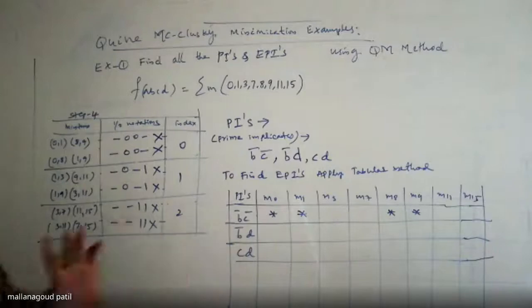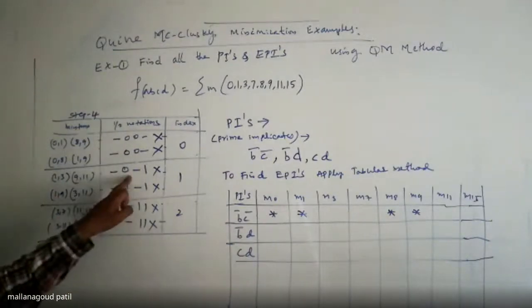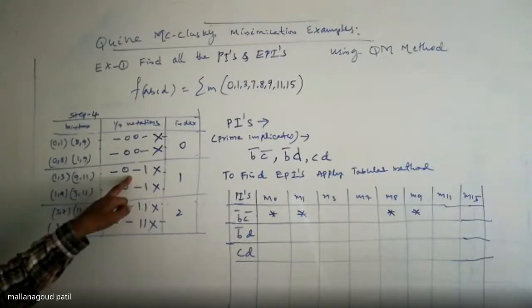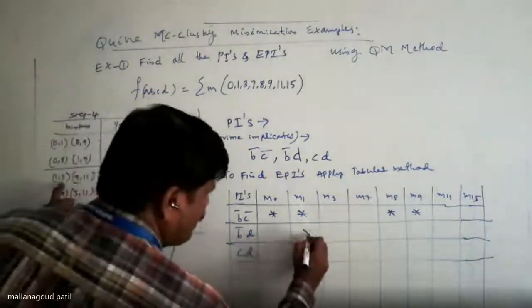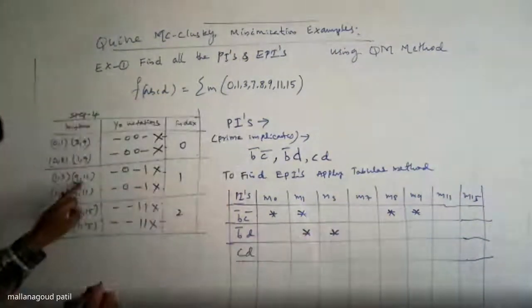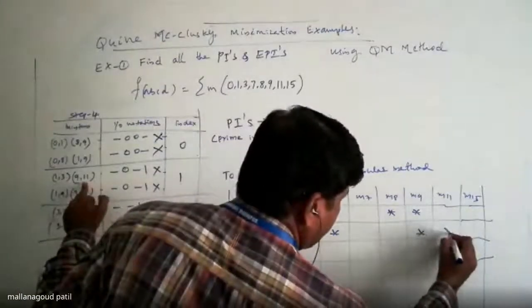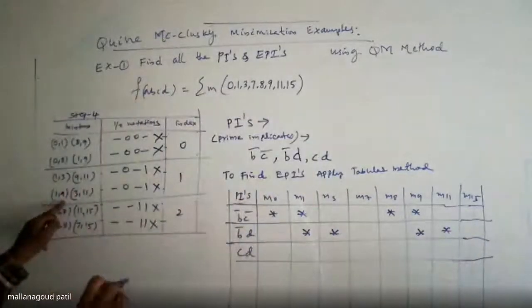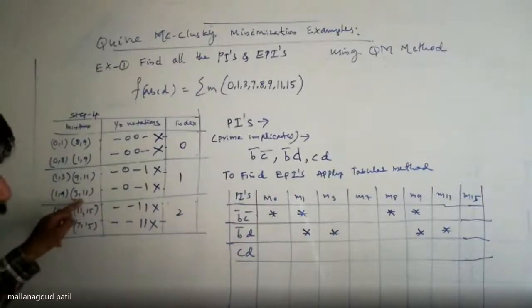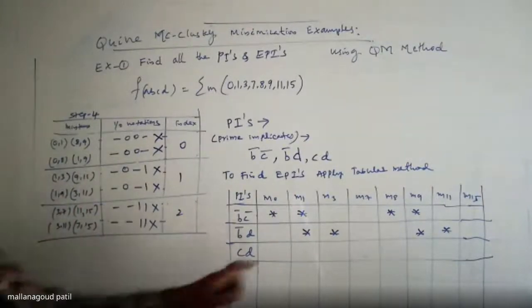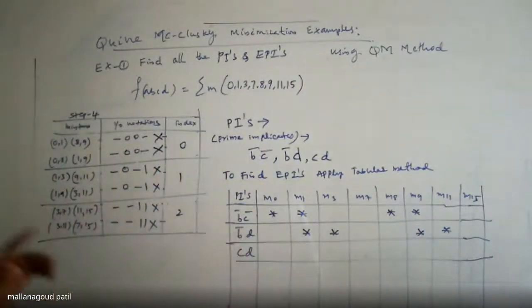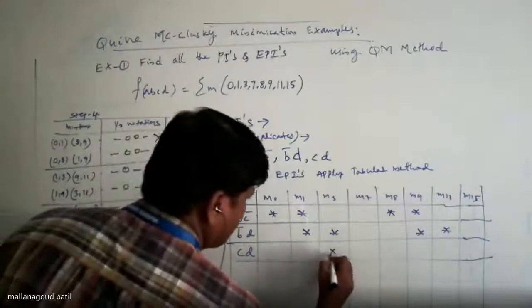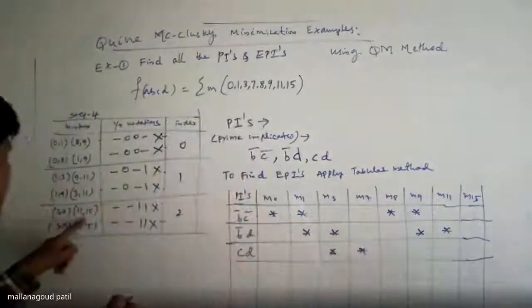Similarly, you can go for B bar D. B bar D belongs to indexes 1, 3, 9, 11 in step number 4. In this case 1, 3, 9, 11: 1 and 9 are already covered, and 3 and 11 are covered. So 1, 3, 9, 11 belong to B bar D. Then what about CD? 3, 7, 11, 15.